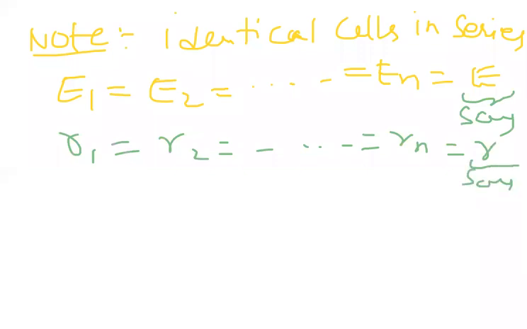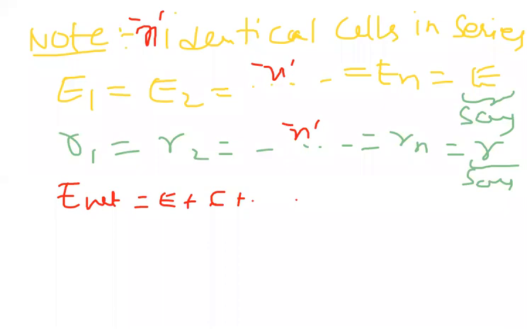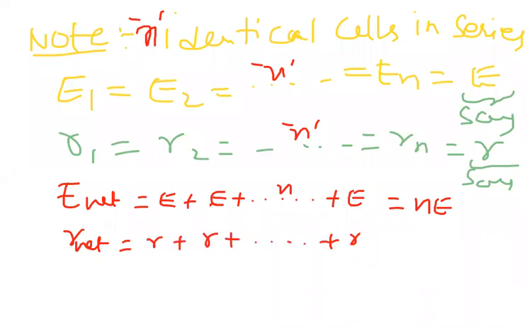From this information, totally there are N identical cells in series. Now what is my formula here? E net: N cells are there, so I can write it as Ne. Similarly, R net is r plus r, and so on up to N terms, which is Nr.